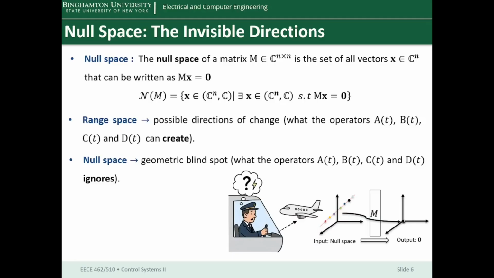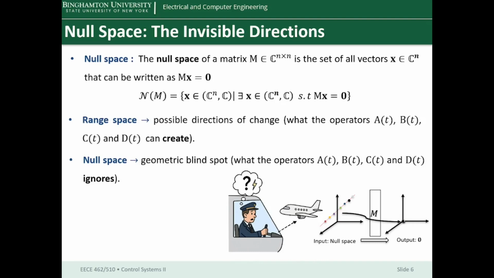To make it concrete, imagine designing a flight control system. If a pilot commands an input, but that input happens to lie in the null space of B, the aircraft won't respond at all. It's like pushing in a direction the system doesn't even recognize. So the null space represents those hidden directions, the dimensions that a particular matrix ignores.